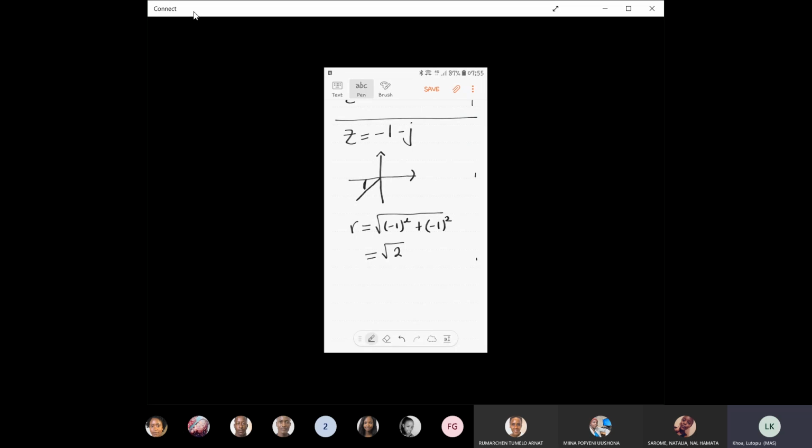Then to get theta, I said it is in the third quadrant, so I will say pi plus tan inverse of 1 over 1. So I take the positive here, I ignore the negative. That's how we work out our reference angle.